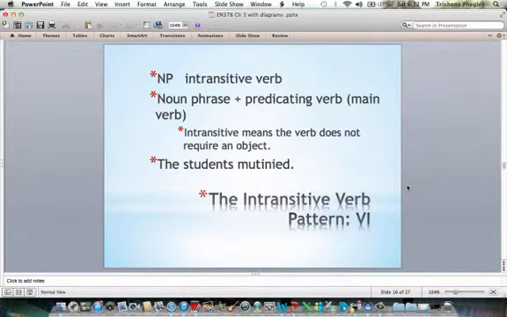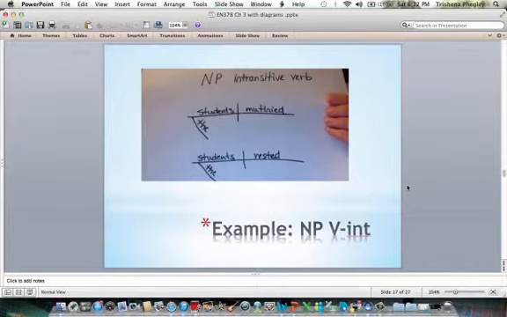Noun phrase and intransitive verb. And like we said, the intransitive verb does not require an object. The example we used here, the students mutinied. So we have students in that subject role for both sentences, and then our intransitive verb is mutinied. And in the second sentence, it's rested.